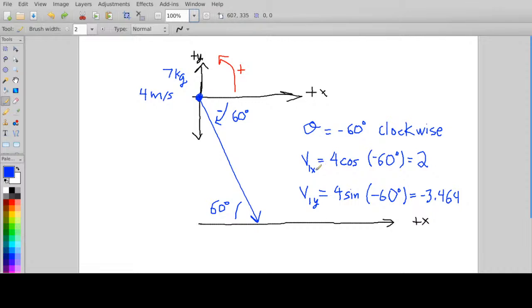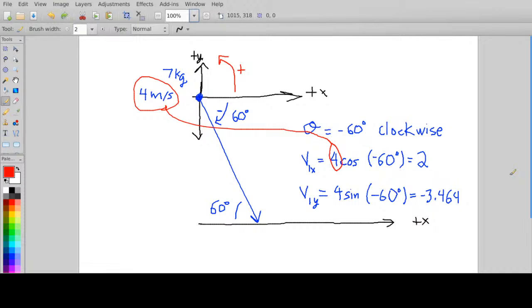And now we want the x component and the y component. The x component is the magnitude 4, that's where that 4 came from, multiplied by cosine of the angle. And that whole reasoning was to explain why the angle is negative 60 and not positive 60.